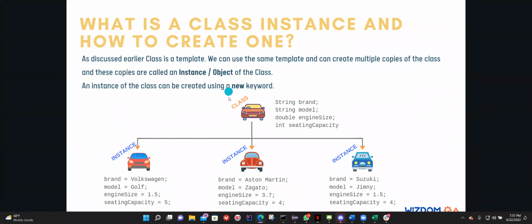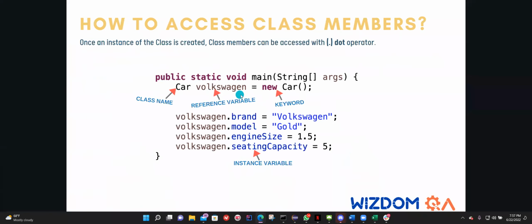You use the new keyword to create the instance. Very good. How to access class members? I just did that for you a minute back. I use the dot operator in order to access the class member, whether it is a property or a method, a variable or an attribute. I can access them with the dot operator.